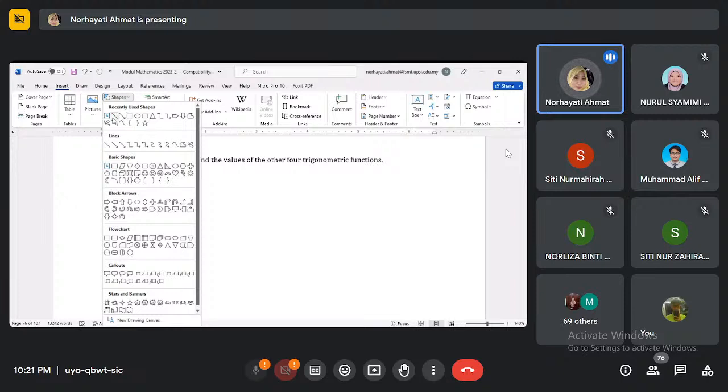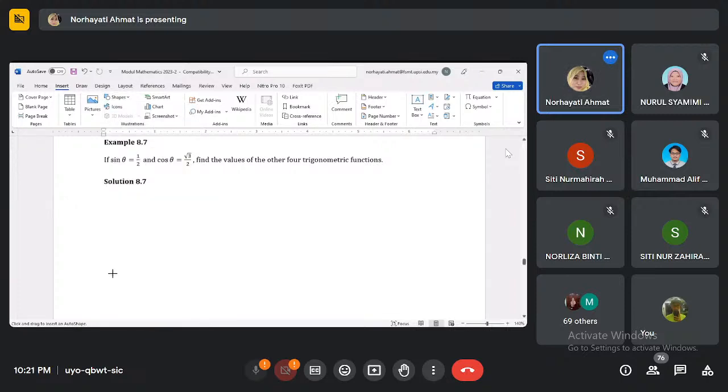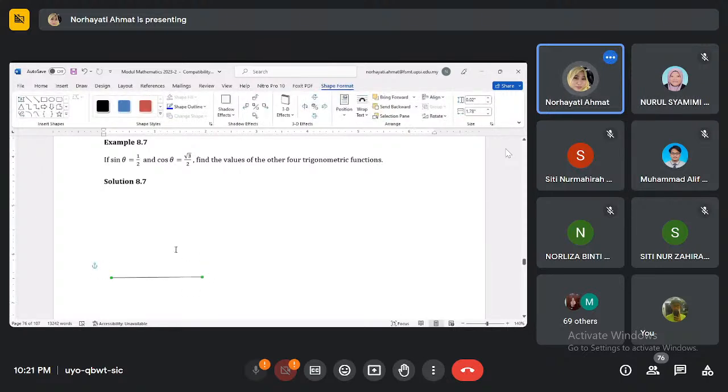Right angle triangle. Sine is positive, therefore sine and cos is positive. Therefore, we assume we have angle in first quadrant. Kita ada sudut dalam kuadran pertama. So kita lukis right angle triangle.